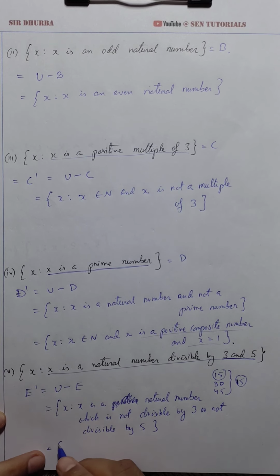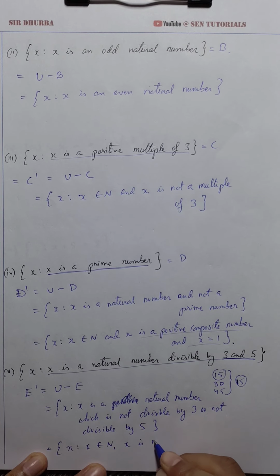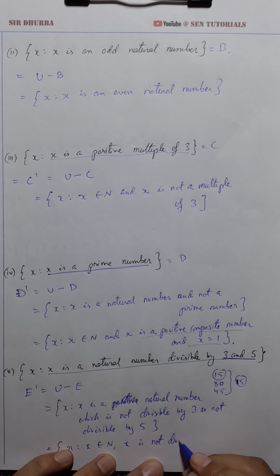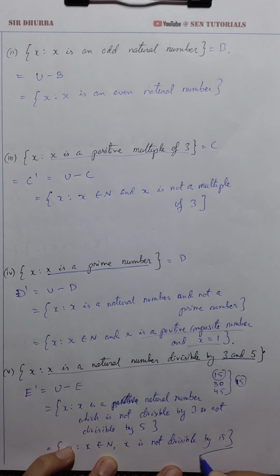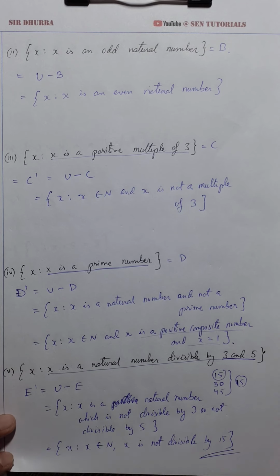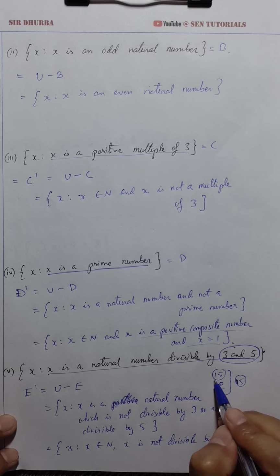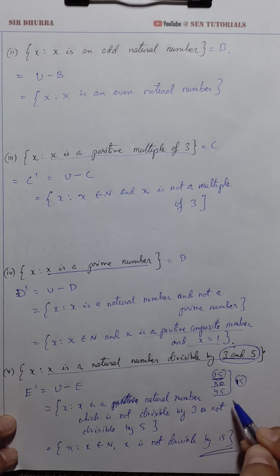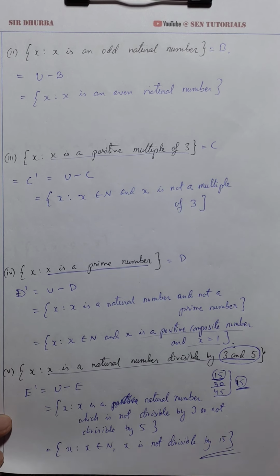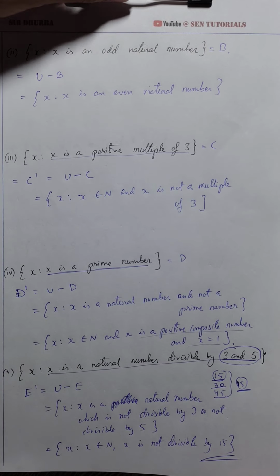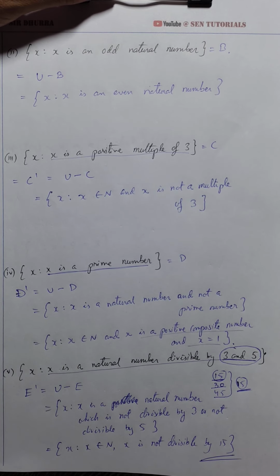Or in other words, we can also write X such that X belongs to natural numbers, and X is not divisible by 15. Actually, this one is more appropriate, not divisible by 15, because a number that is divisible by 3 and 5, as I said, starts from 15, 30, 45, among the natural numbers. So automatically it's a multiple of 15. Okay. All right.